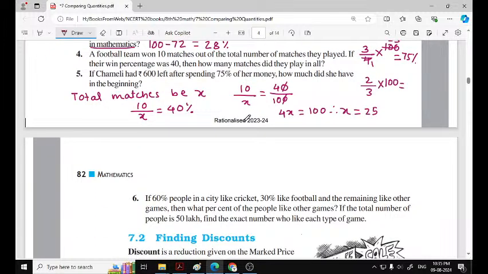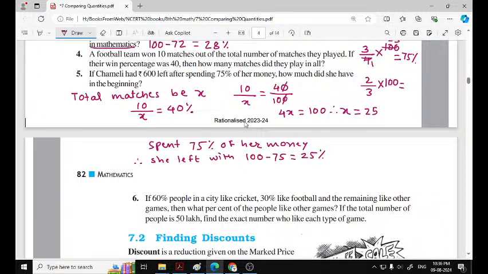If Chameli had 600 rupees left after spending 75% of her money. Chameli spent 75% of her money. Therefore, she is left with 100 minus 75, that is 25% of the total money.